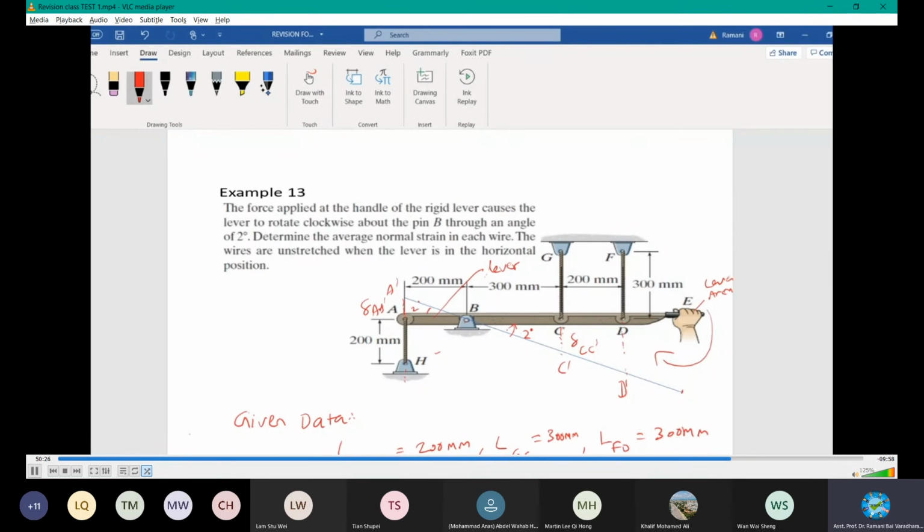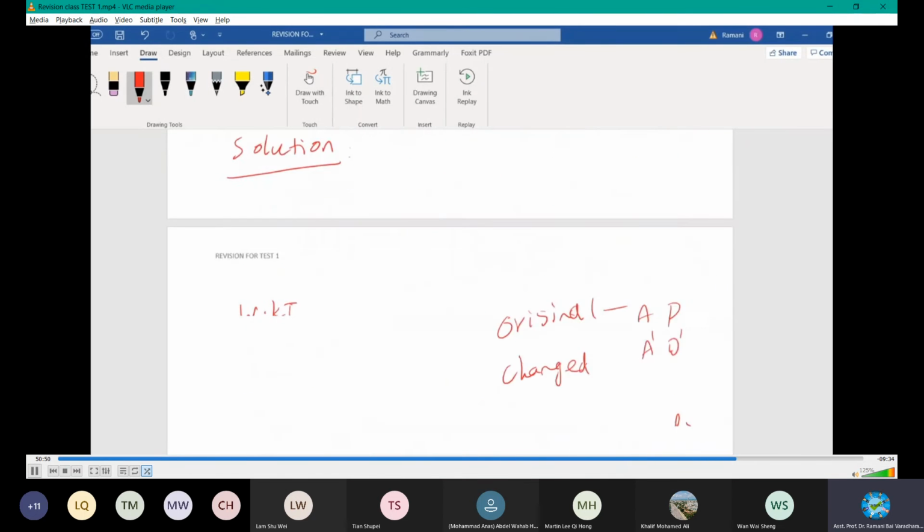When you consider BDD dash, you will get delta DD dash. Tan theta equals opposite side by adjacent side, which will be the whole length 500. Like that we are calculating these unknowns by following these norms, right?